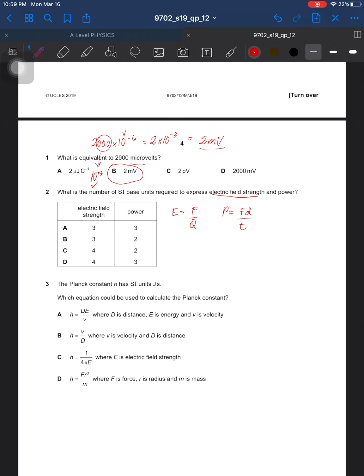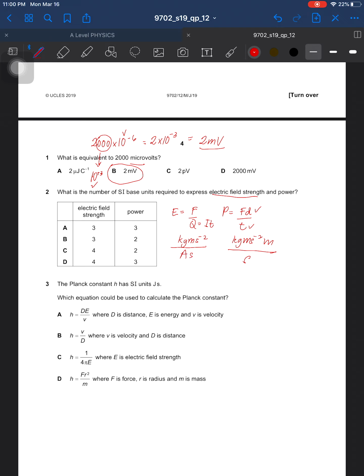Both of them have F, so that's kg m s^-2. You have d here, that's m, all over time, that's s. On the other side, you have Q, which is equal to I t, which is A s.